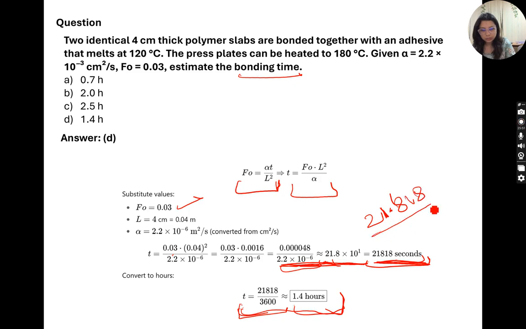21.818. I'm sure you guys are getting an answer like this from here itself.